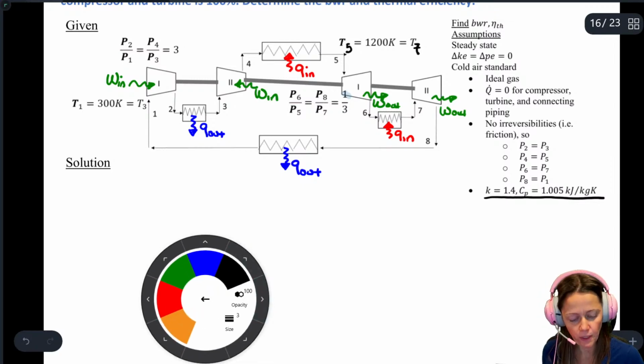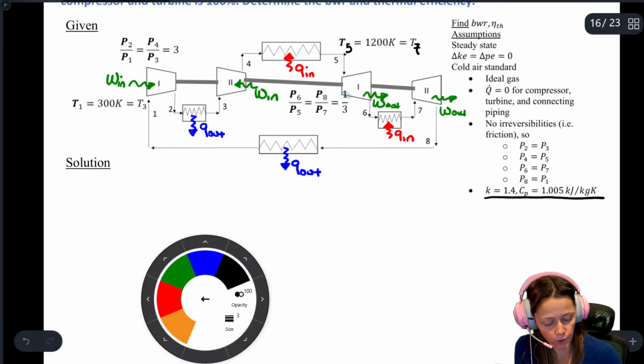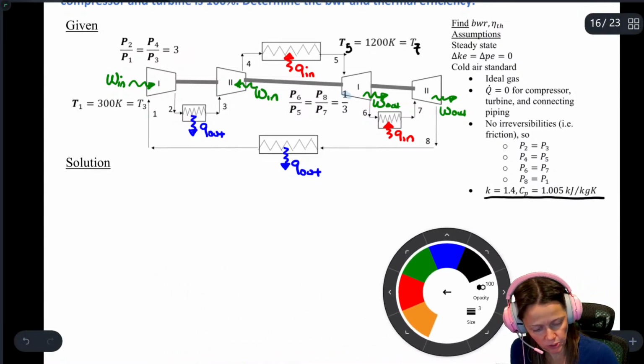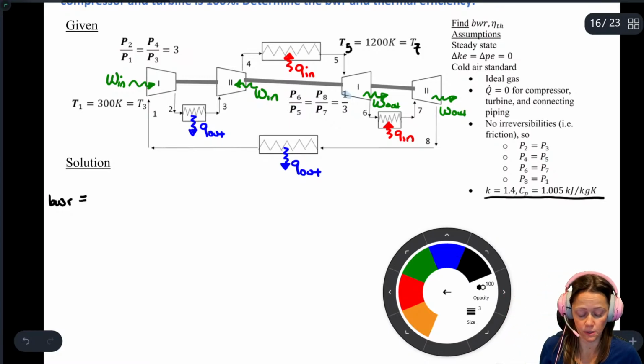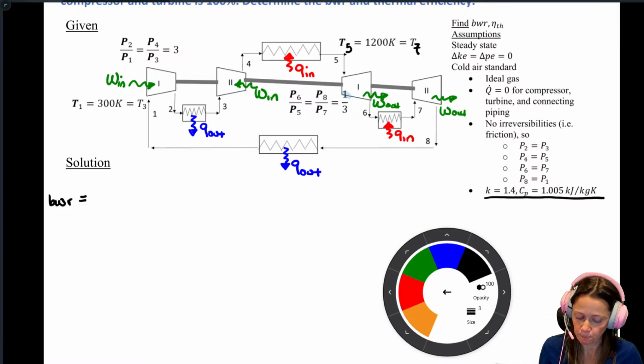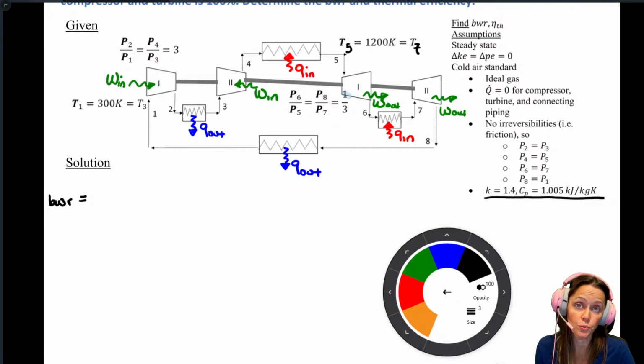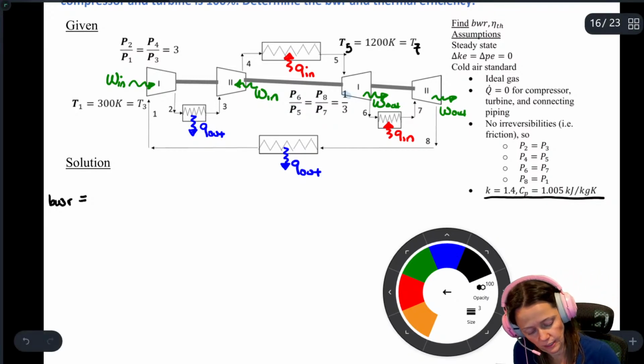All right, so my back work ratio, let's do my thermal efficiency first. Well, that's fine. Back work ratio: it's the work for the compression process over the work of the turbine process, the expansion process. You've got 2 of each, so make sure you take that into consideration.